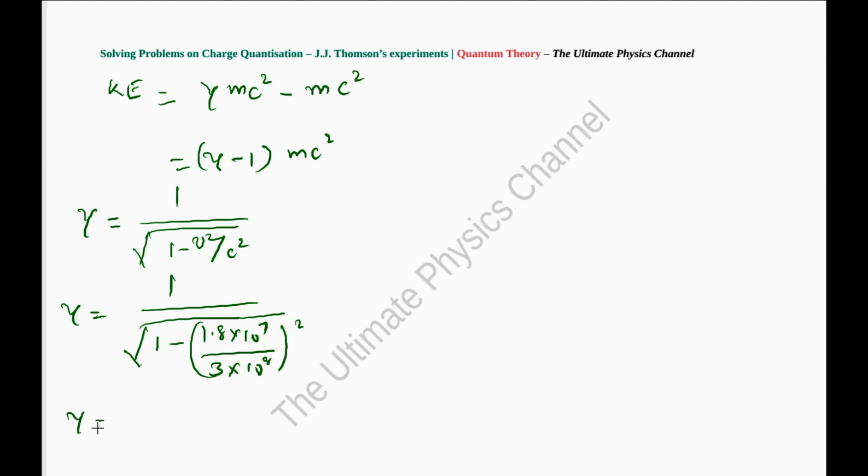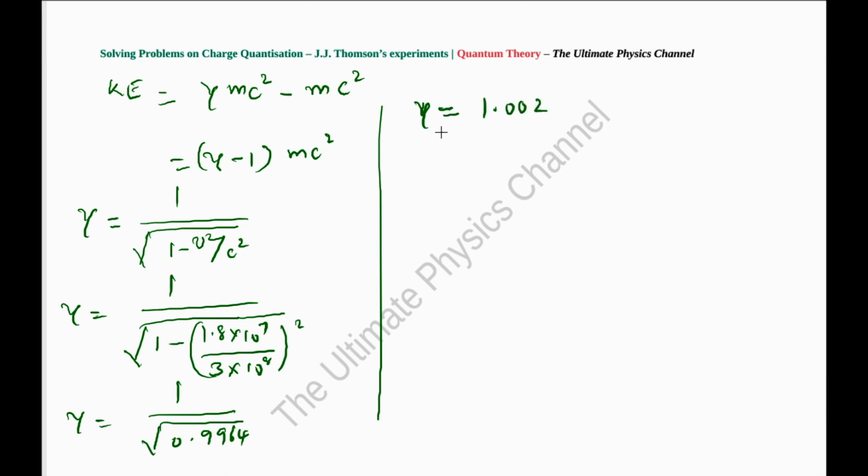And if you simplify this, you would end up getting square root of 0.9964, and that would lead to a gamma of 1.002. This is the gamma factor or Lorentz factor for this particular velocity.